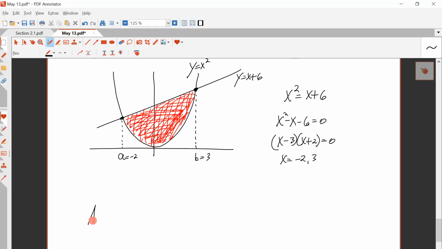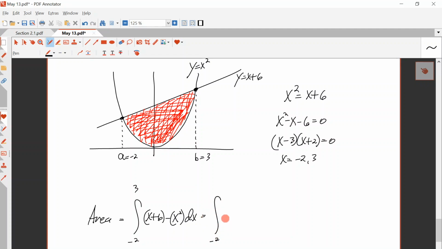So the area that we're looking for here is the integral from minus 2 to 3, top minus bottom. Top curve minus the bottom curve. The greater minus the smaller. The greater is the one on top, and the smaller is the one on the bottom.